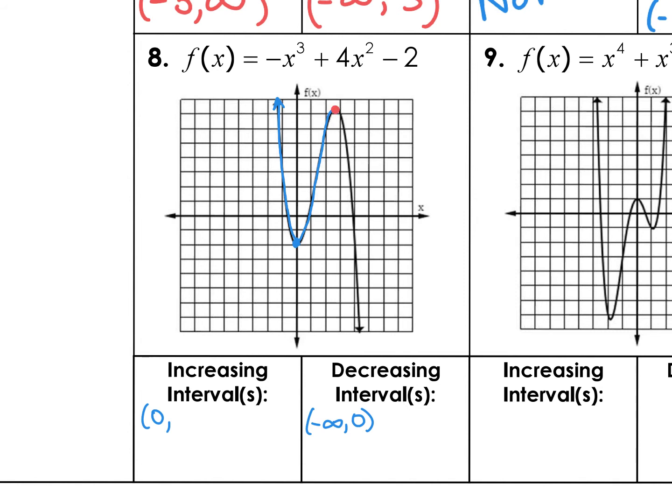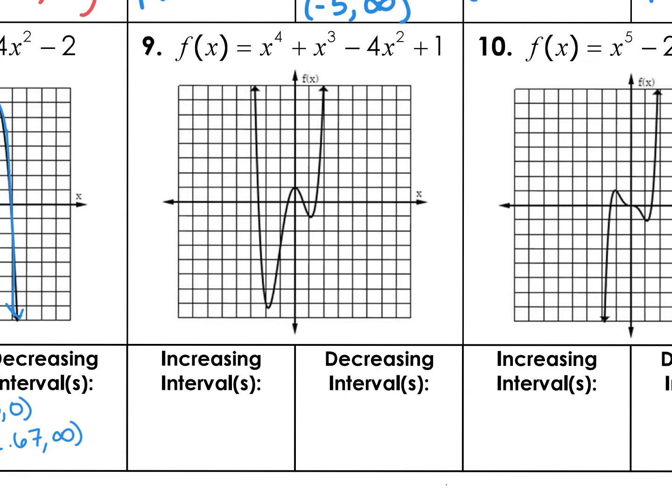You would have to put this into Desmos, and then you could see what it was. I did do that, so I'm just going to tell you that's the point 2.67. That's the x value of that point. And then from there, I'm decreasing for the rest of the graph. So starting at 2.67 to infinity, I am also decreasing. So notice, increasing and decreasing intervals, you could have none, you could have 1, or you could have more than 1.